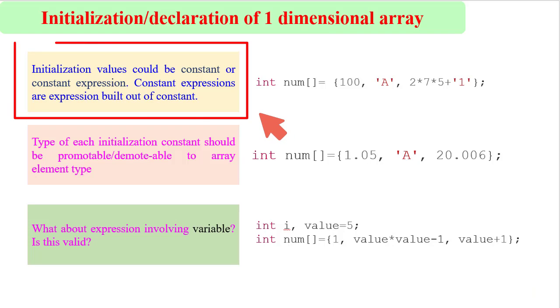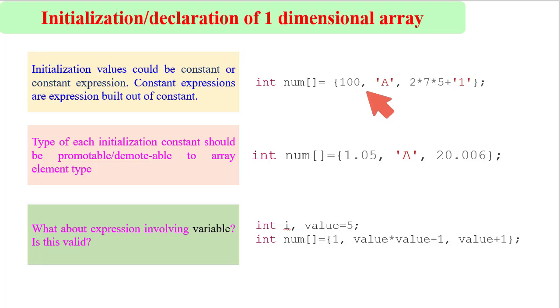The initialization values could be a constant or constant expression, or an expression built out of constants. Say for this example, 100 is a constant value. Here we may define it this way: inside single quotation there is 'A', and the next third value is 2 * 7 * 5 + 1'1'. Here 'A' and '1' are inside single quotes; these are character constants.